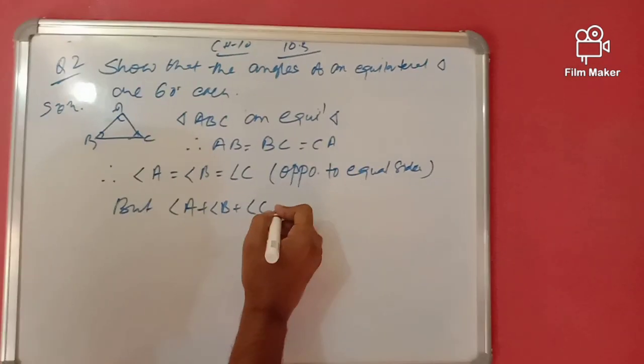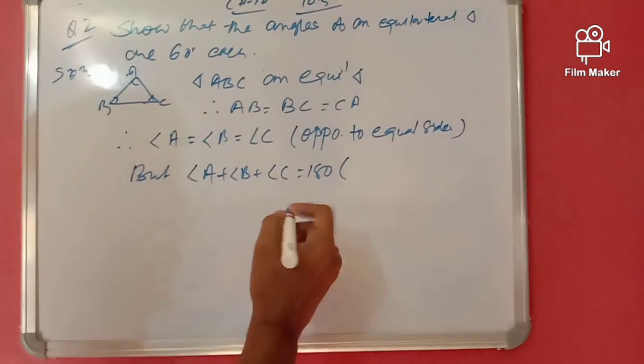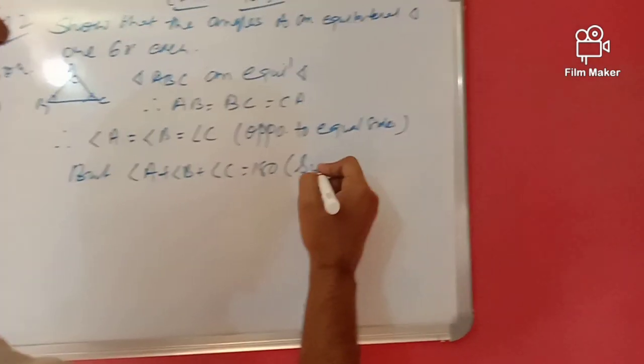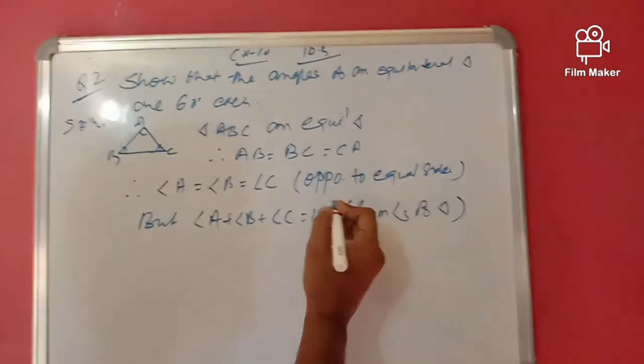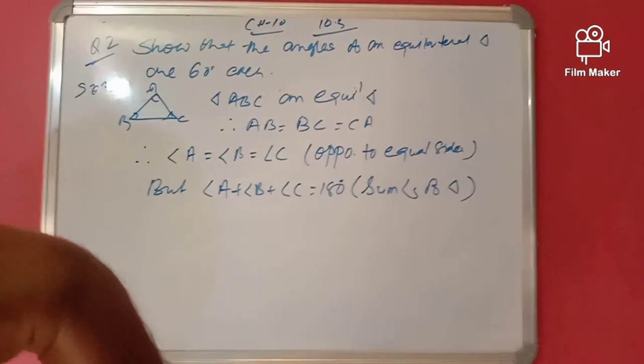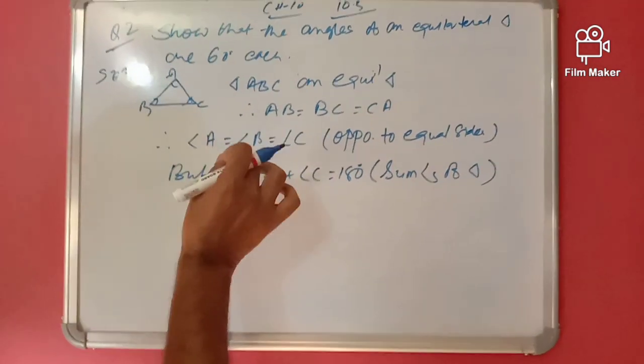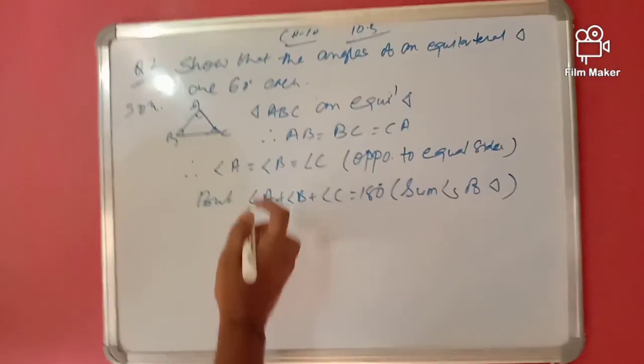But as we know, angle A equal to angle B equal to angle C. Now we have to write angle A plus angle B plus angle C equal to 180 degree, because the sum of angles of a triangle is 180 degree.